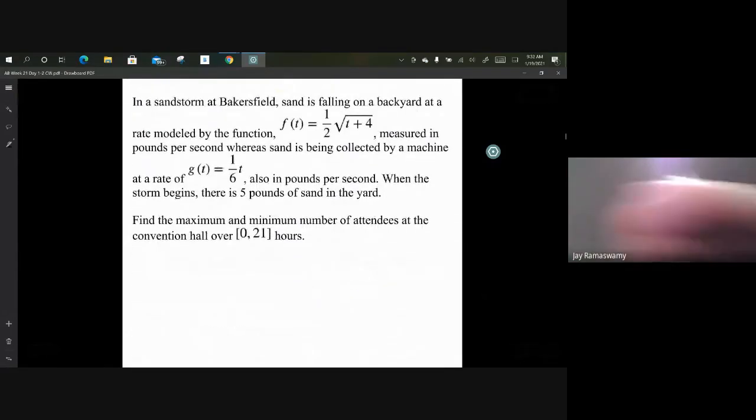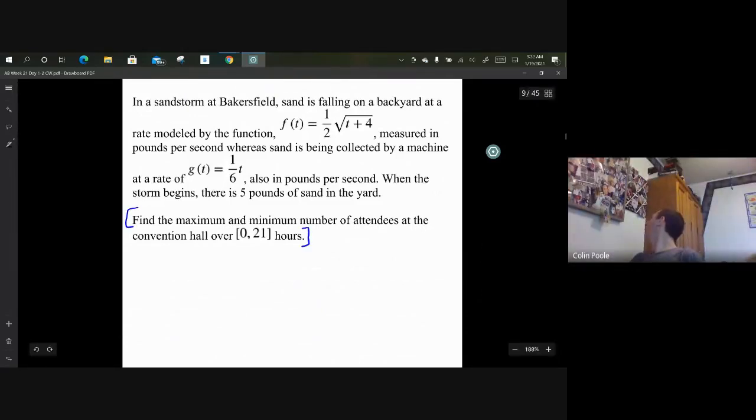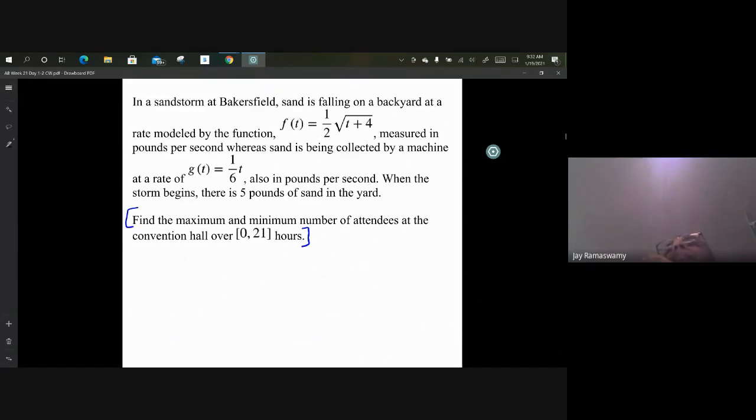Okay, write on page 9, please. I want you to start processing the problem. Okay, what is the question asking for?